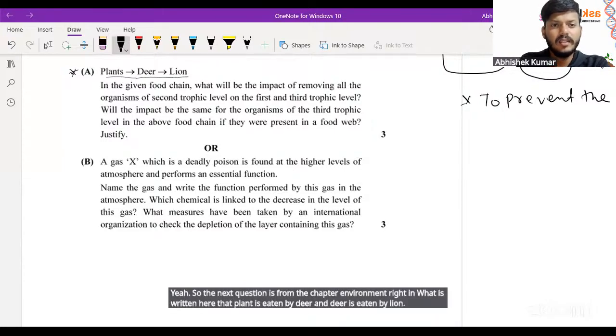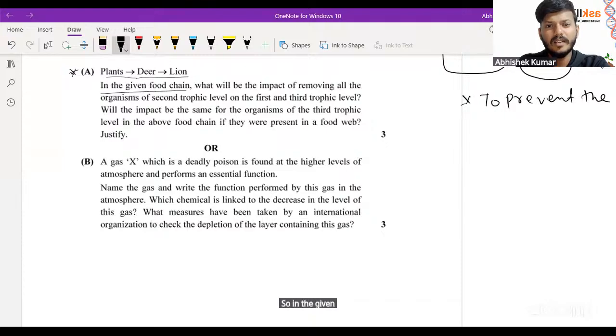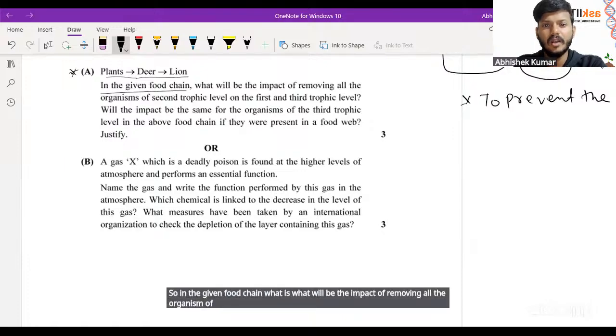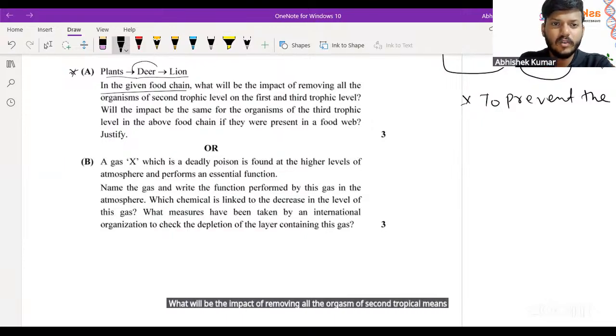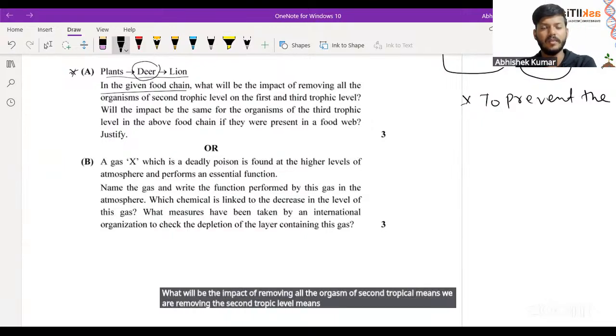So in the given food chain, what will be the impact of removing all the organisms of the second trophic level on the first and third trophic levels? Means we are removing the deer from here. So what will be the impact on the plant and what will be the impact on the lions?